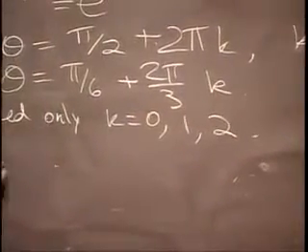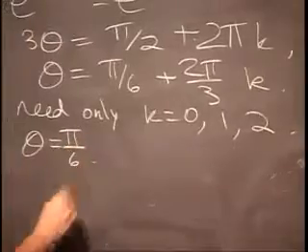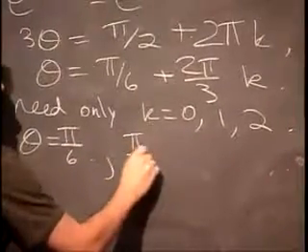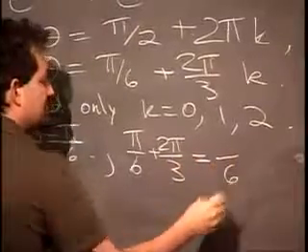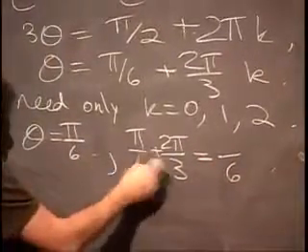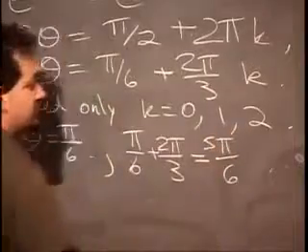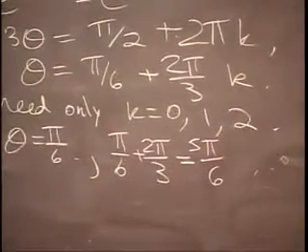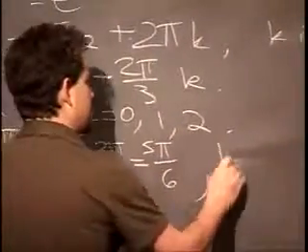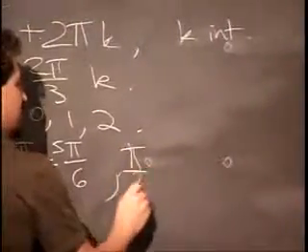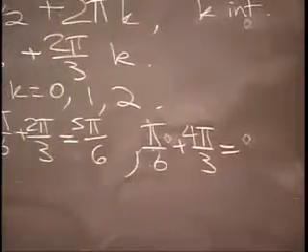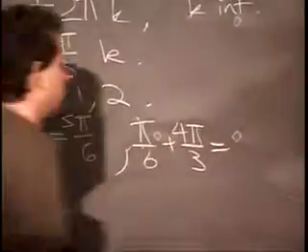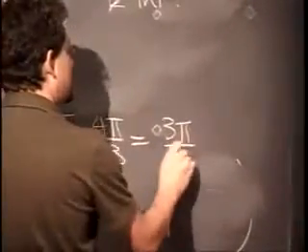So we have theta is pi over 6, that's k equals 0. k equals 1 is pi over 6 plus 2 pi over 3, which works out to be 1 plus 4, which is 5 pi over 6. Or k equals 2 is pi over 6 plus 4 pi over 3, which is 9 pi over 6, otherwise known as 3 pi over 2.